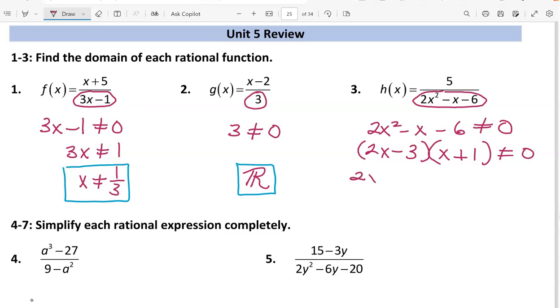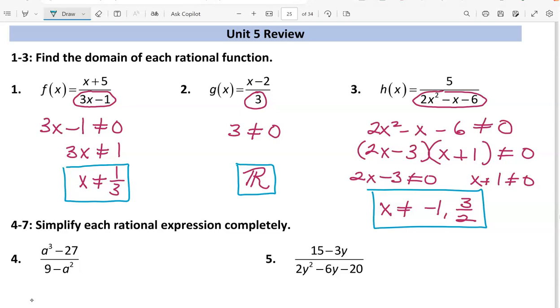And so that means that 2x minus 3 may not equal 0. And also x plus 1 may not equal 0, which means that x may not equal -1, nor may it equal 3/2, and that is the domain of this function. So there are just 2 excluded values.